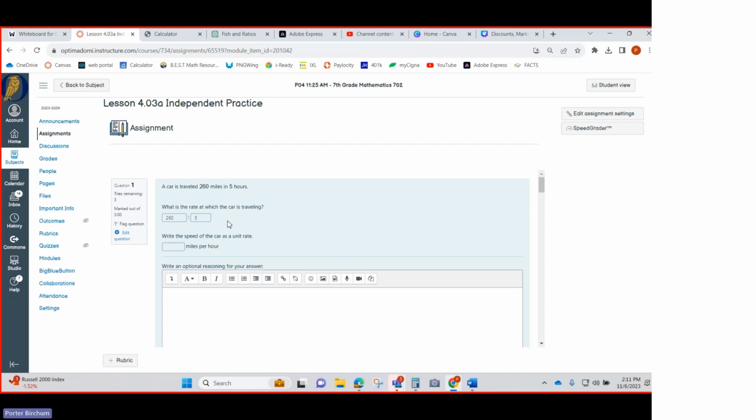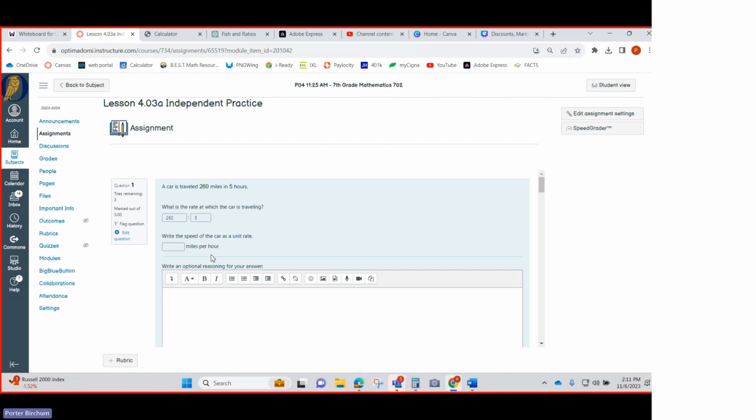That is my rate. Write the speed of the car as a unit rate. A unit rate is where the second number is 1. So I travel 260 miles in 5 hours, but how many miles do I travel in 1 hour? Per 1 hour.